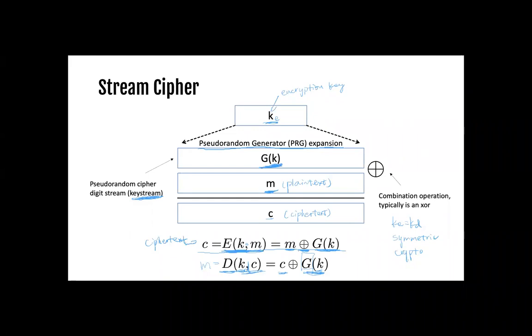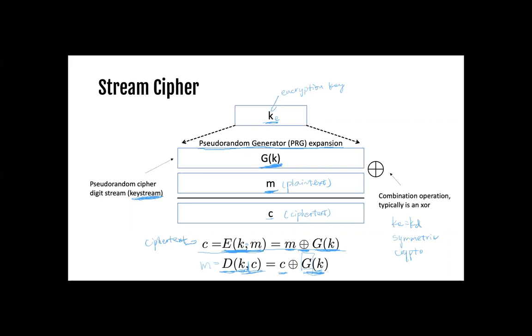Can you explain G of K again? Sure. So K is the encryption key, but usually the encryption key is something that has been pre-made before, right? So it is a fixed one and it has a fixed length.